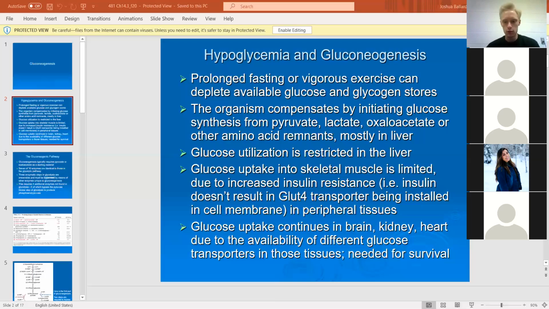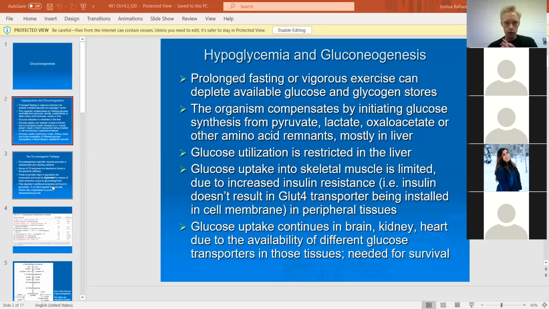Here we go with gluconeogenesis. Does anyone have any questions before I dive into gluconeogenesis and the pentose phosphate pathway, or about specific parts of gluconeogenesis? Okay, we'll quickly go according to the pointer here.